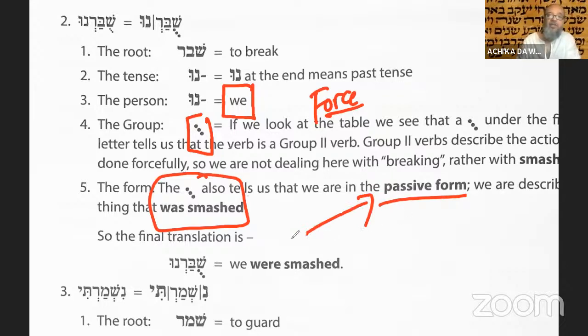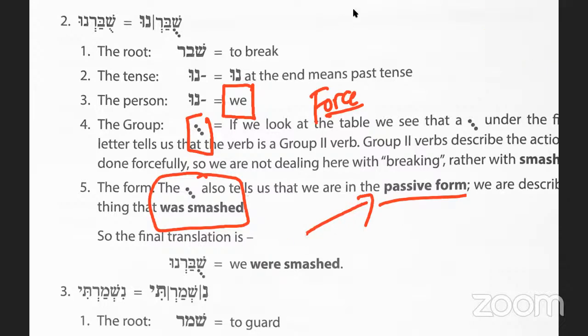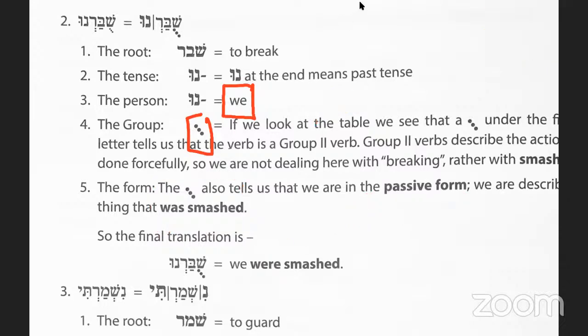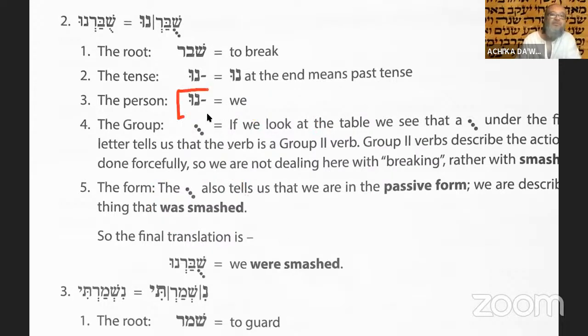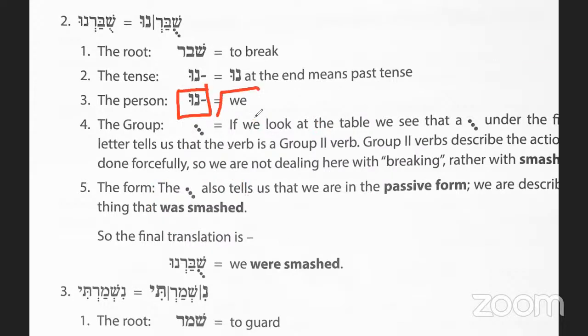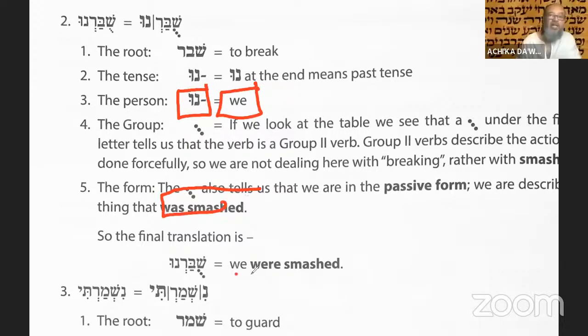Okay. So who was smashed? Who was smashed according to this? We. We were smashed.